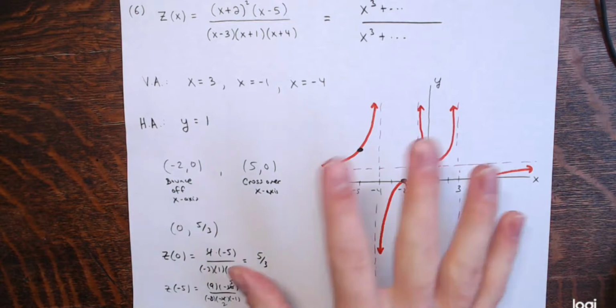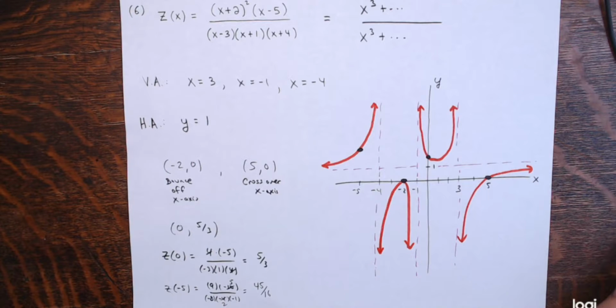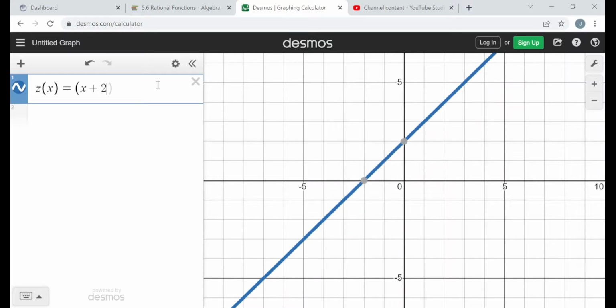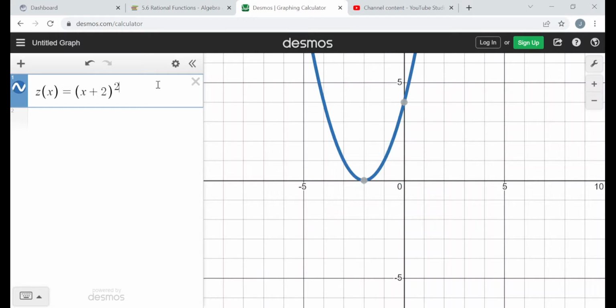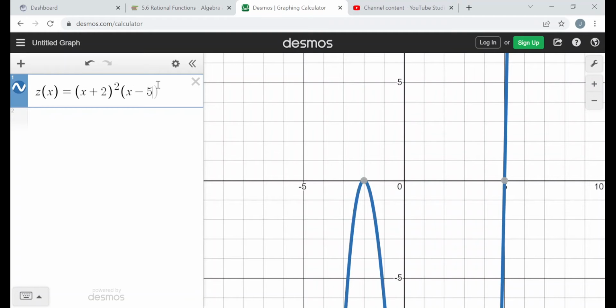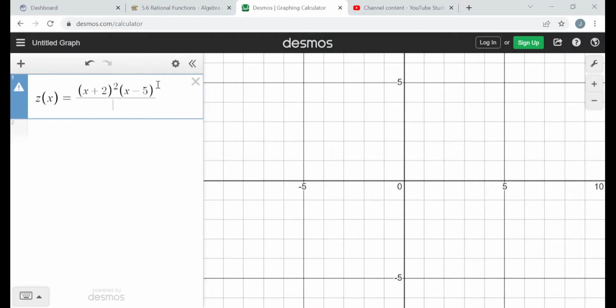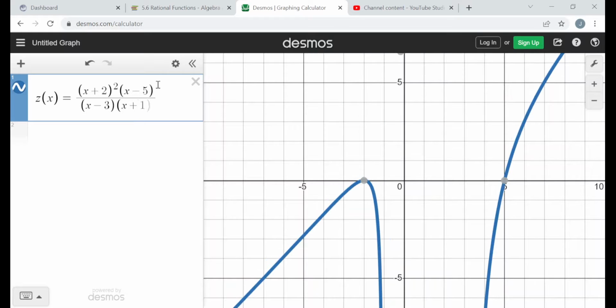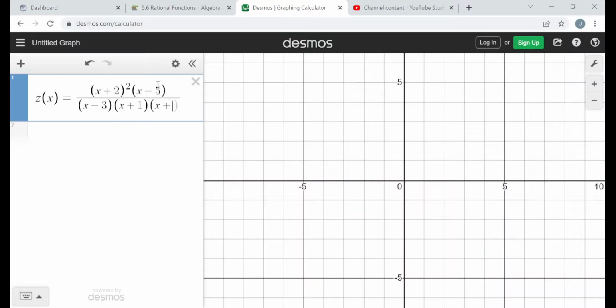And let's see how this stacks up to the actual thing. So we were given z of x equals, the quantity x plus 2 squared times x minus 5 divided by x minus 3 times x plus 1 times x plus 4.